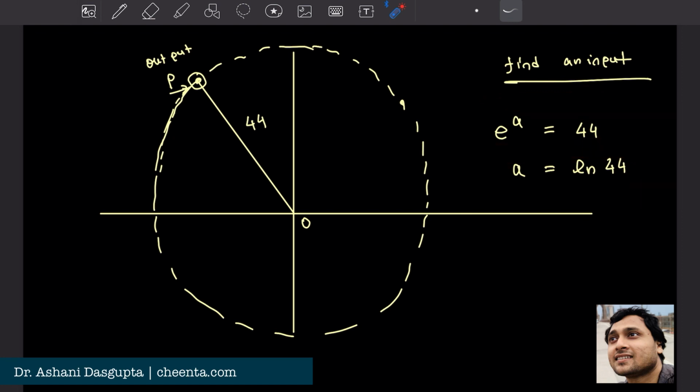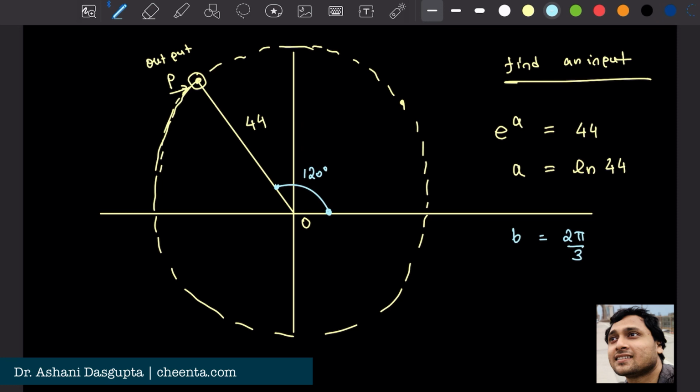So a should be that, and b should be this angle in radians, whatever this angle is. Maybe this angle is 120 degrees, or b is equal to 2 pi by 3.